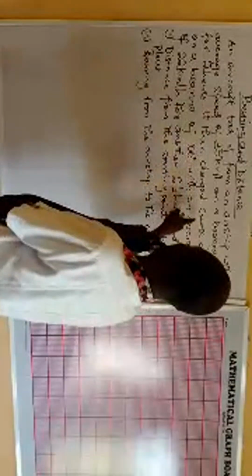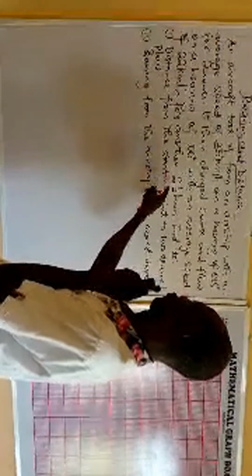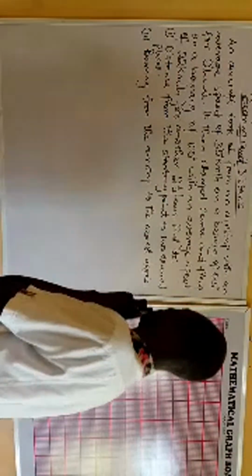It then changed course and flew on a bearing of 100 degrees with an average speed of 22 km per hour for another 2.5 hours.